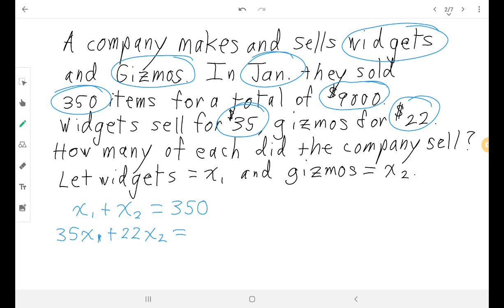And that would give us a total amount, which is $9,000.